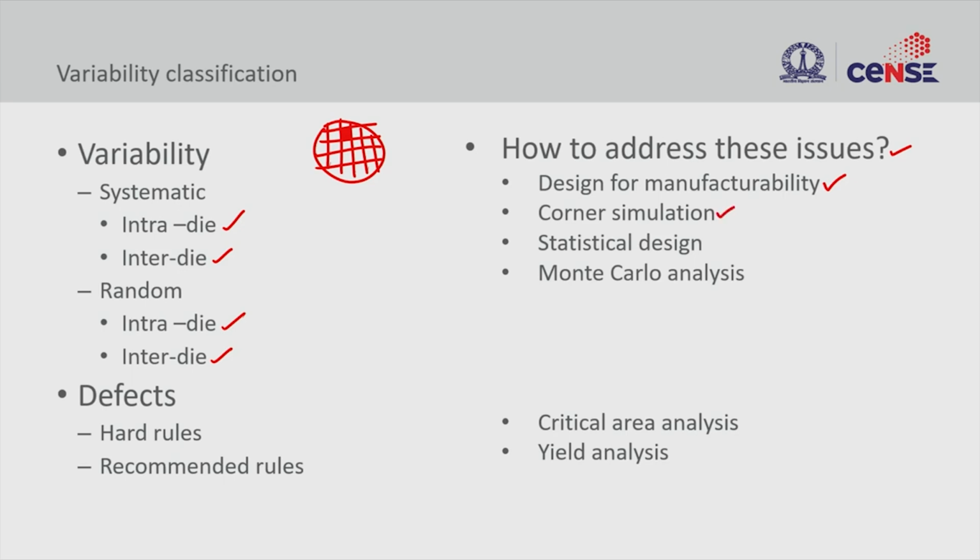You can do simulations. By taking the manufacturing protocol, looking at what is the width window that I have, what is the height variation that one could have, and for instance the resistivity variation that one could have, all these things could be used to do corner simulation. So if my width variation is within this window, how is my device going to behave? And then you could do a statistical design. This is primarily for random variation.